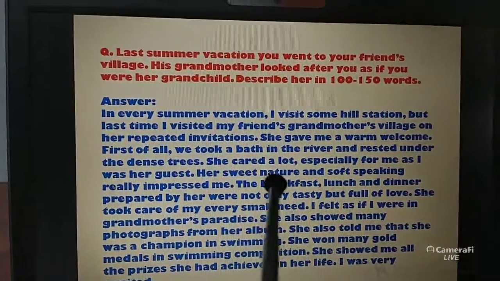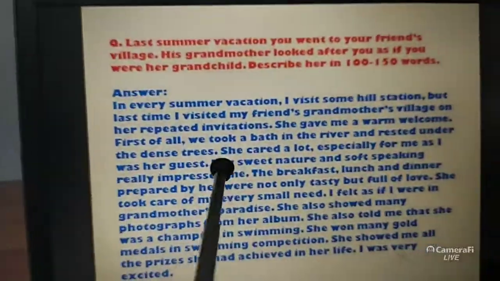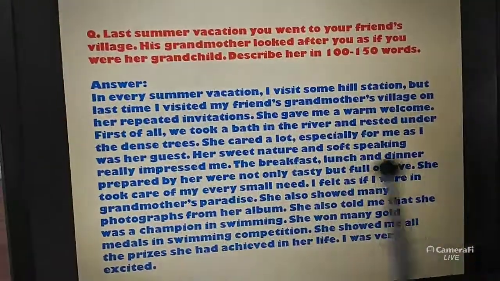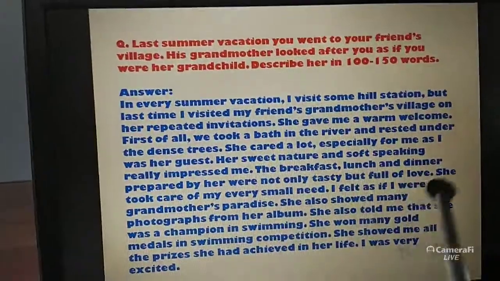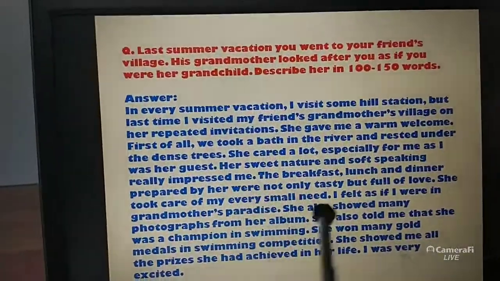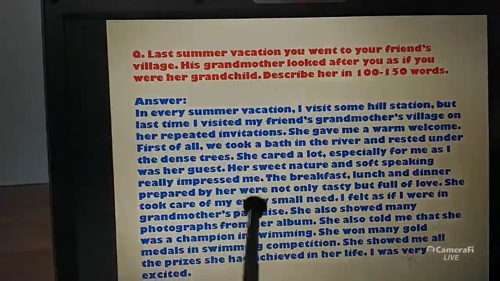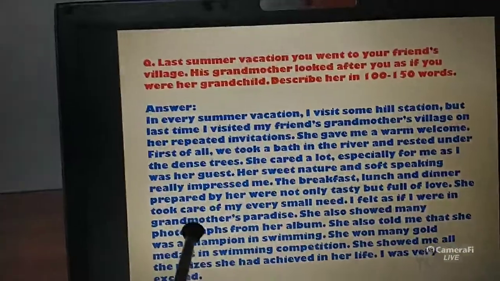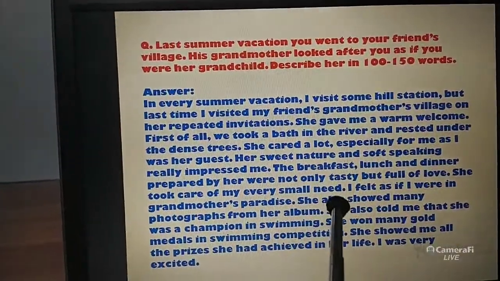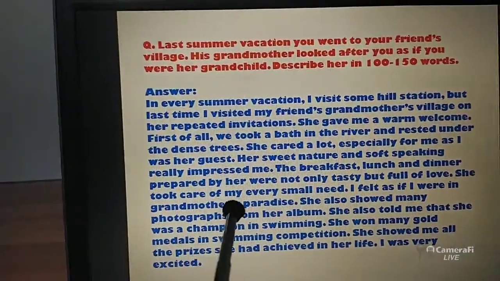She cared a lot, especially for me, as I was her guest. Her sweet nature and soft speaking words really impressed me. She was soft spoken. The breakfast, lunch and dinner prepared by her were not only tasty but full of love. She took care of my every small need. I felt as if I were in grandmother's paradise.